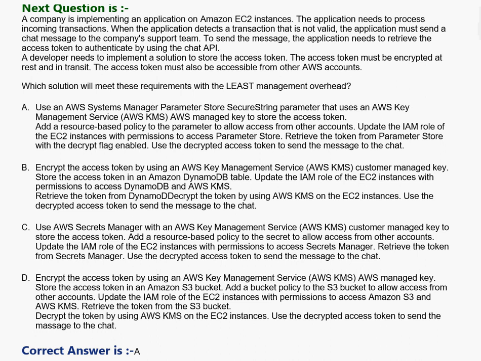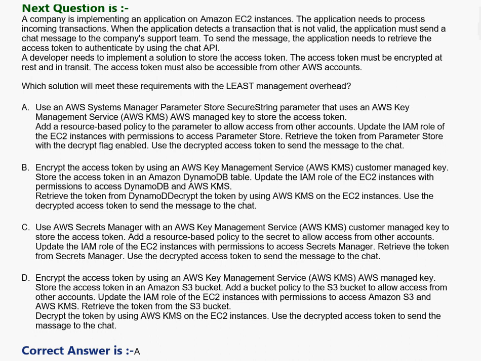Option D. Encrypt the access token by using an AWS Key Management Service (AWS KMS) AWS managed key. Store the access token in an Amazon S3 bucket. Add a bucket policy to the S3 bucket to allow access from other accounts.